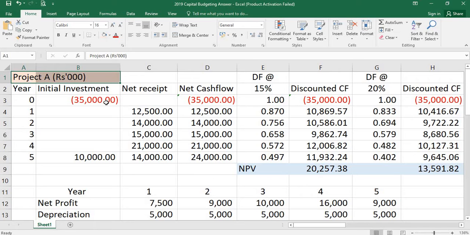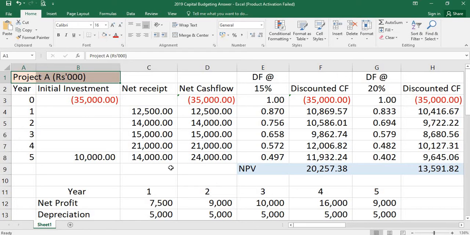The second information given is net profit after tax. In order to find out the project cash flow, we need to adjust based on the information given in the scenario. In this question he has given some information about depreciation, which is the non-cash item to be adjusted.